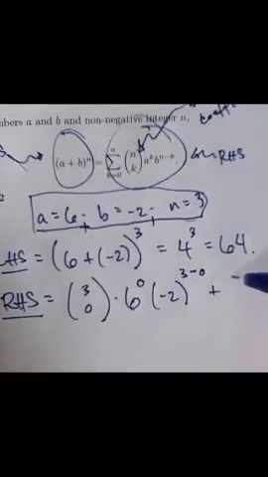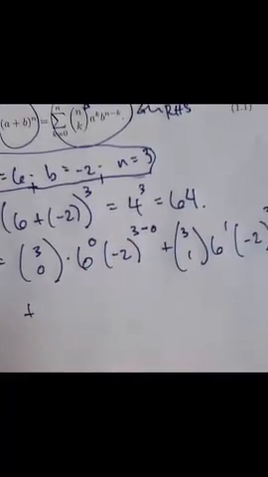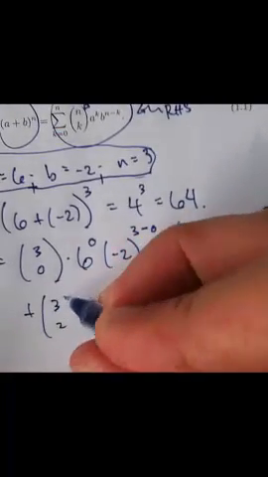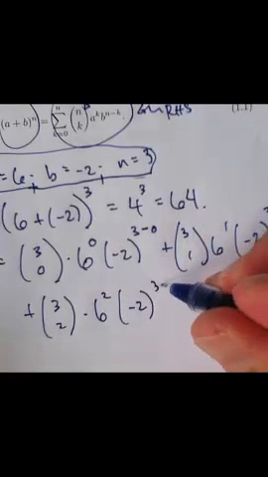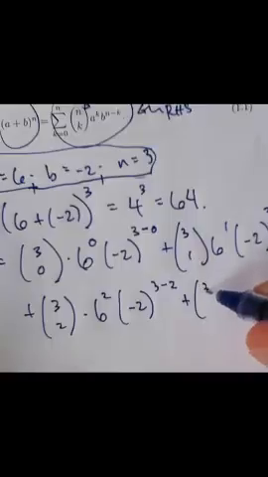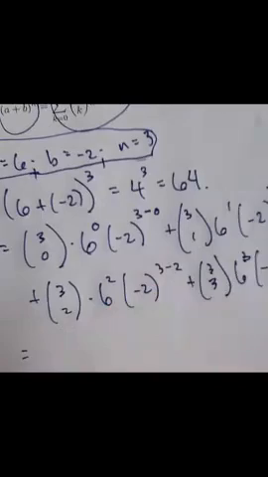For the second term I get 3 choose 1, times 6 to the first, times -2 to the 3 minus 1. For the third term, 3 choose 2 times 6 to the second, times -2 to the 3 minus 2. And for the last term, finally, I have 3 choose 3 times 6 to the third times -2 to the 3 minus 3. Now let's simplify this a little bit.